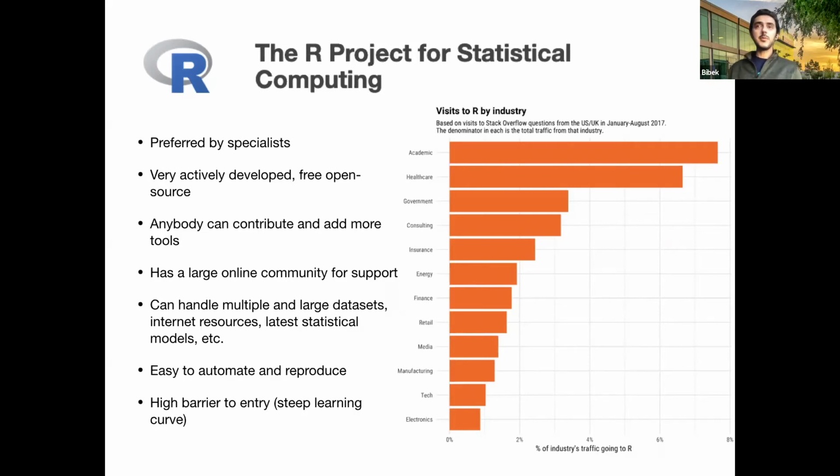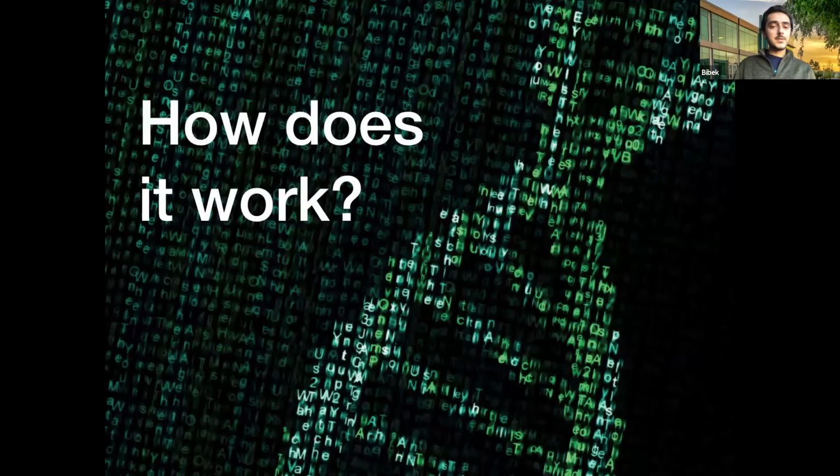So it is really popular among those who need to do specialist statistical analysis. I think I've stressed enough about why R can be helpful for you and how it fits in the general landscape of bioinformatics.